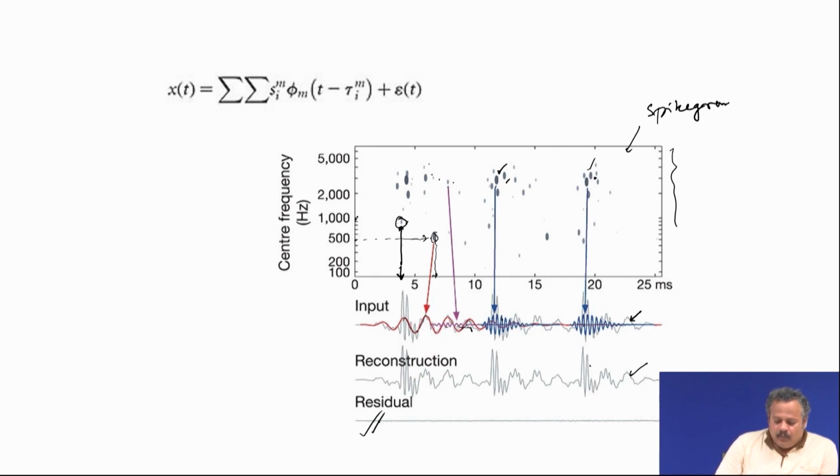So, now what are we seeing in terms of these kernels? First of all, when we have a new signal and we have our basis kernels, the phi m's, how can we create this spectrogram? What they did was essentially a matching pursuit algorithm.